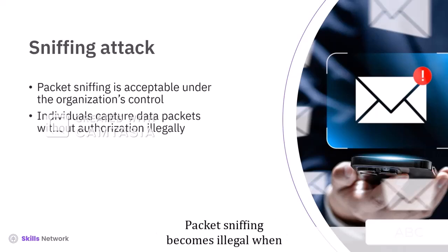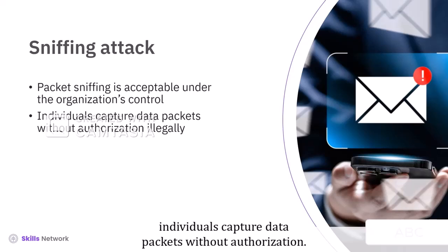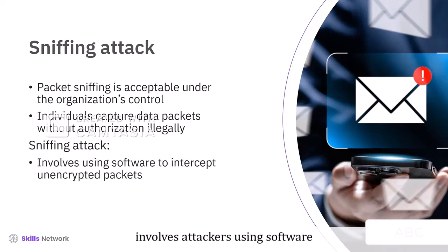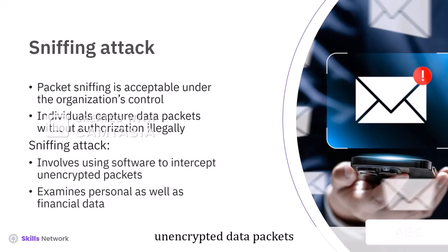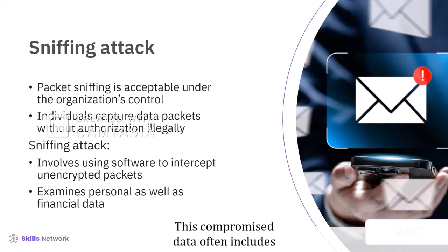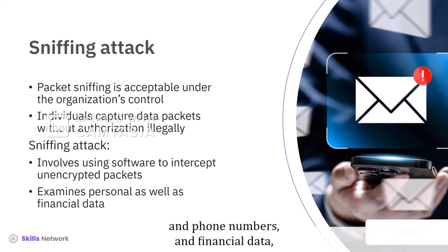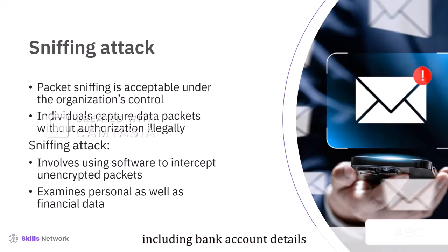Packet sniffing becomes illegal when individuals capture data packets without authorization. This act, known as a sniffing attack, involves attackers using software to intercept and examine unencrypted data packets containing sensitive information. This compromised data often includes personal identifiers, like names, physical addresses, and phone numbers, and financial data, including bank account details and user login credentials.